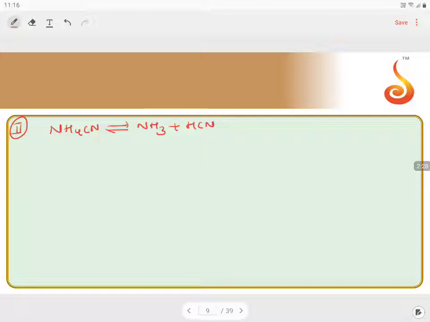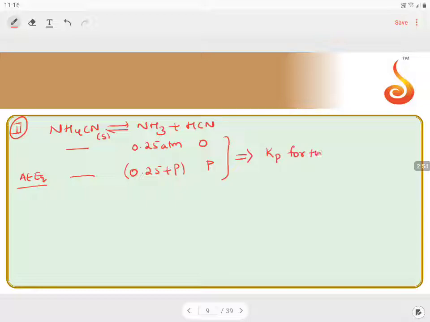If you take this reaction with 0.25 atmosphere of ammonia initially in the composition, at equilibrium, to this 0.25, some pressure P will be added and P will be the partial pressure of HCN, such that the Kp for this reaction remains constant.